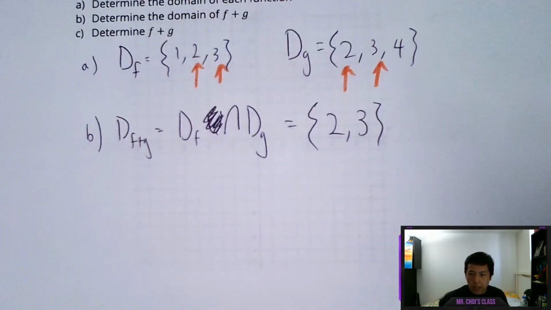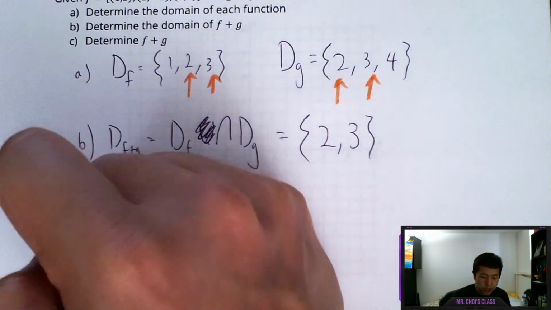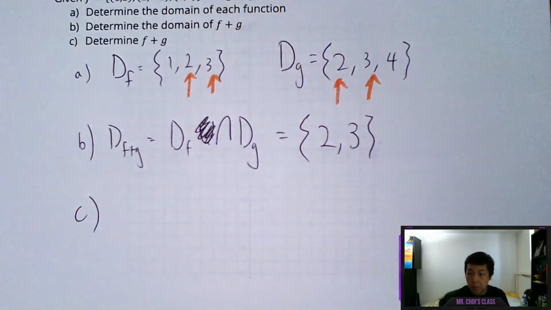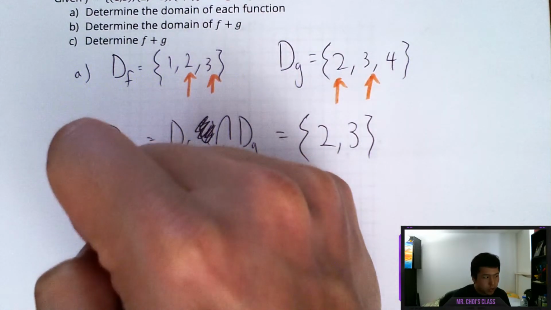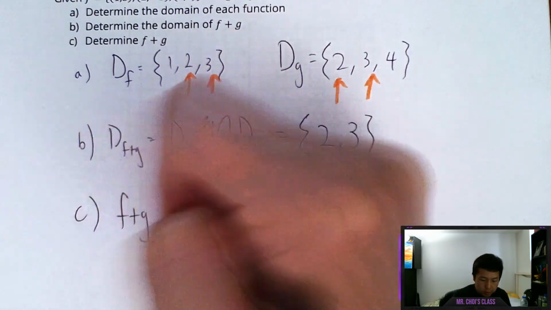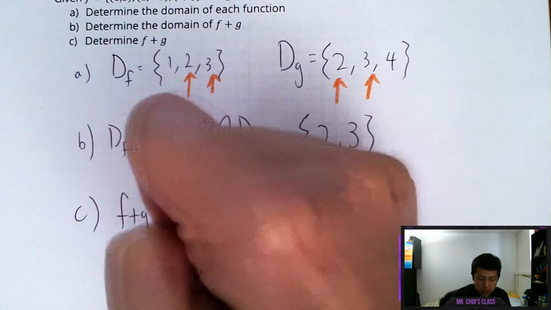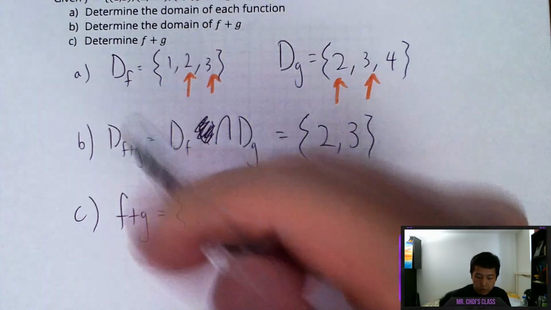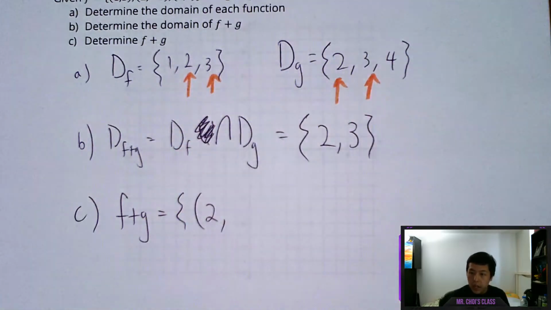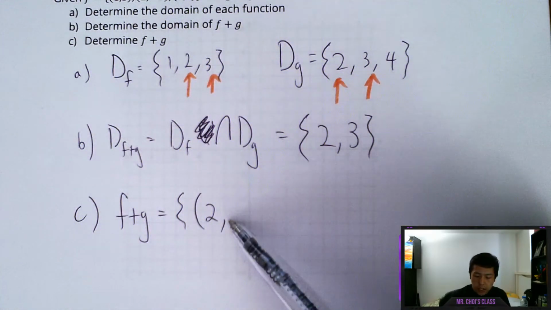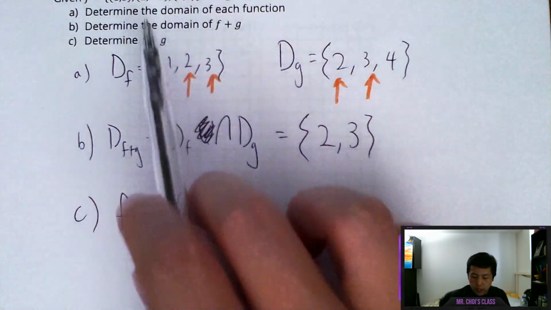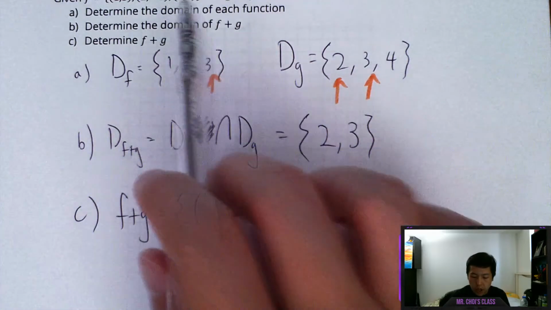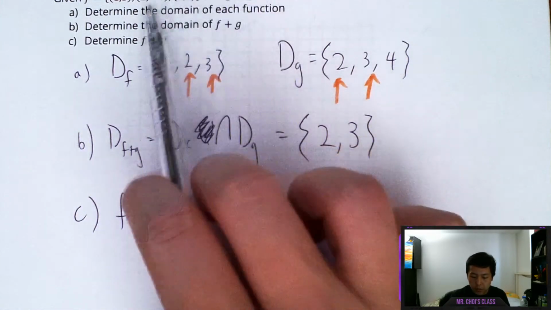So now it asks us what is f plus g, so what points make up f plus g, right? The function f plus g is equal to, we have our x value, and then our y value is adding, since we're adding the two functions, we're going to add the y values of the two functions.